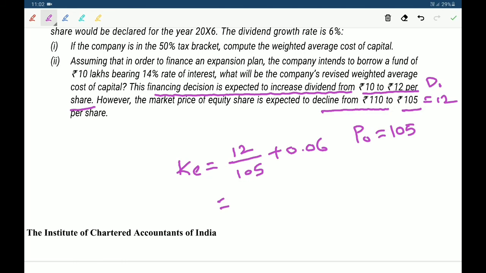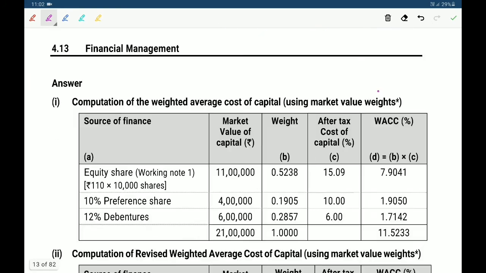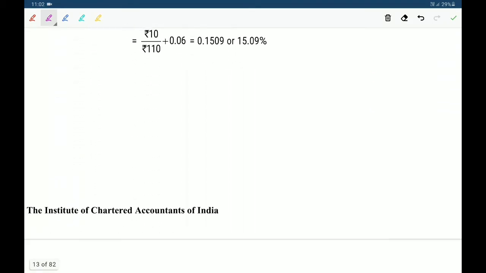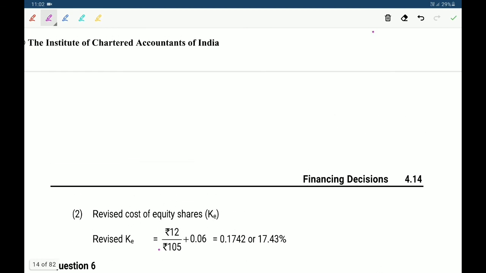Now we get new cost of equity. We know cost of debt, cost of equity, cost of preference. Now we have to find out weighted average cost of capital. Before going to that, we see working notes. Revised cost of equity share: 12 rupees, 105 rupees, 0.06. So ultimately it gives 17.43% as the revised cost of equity share.